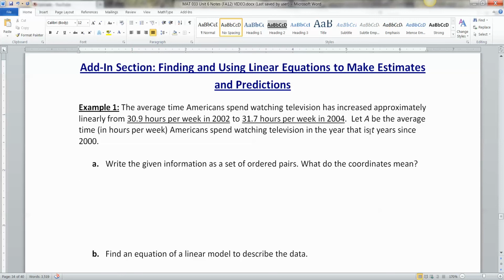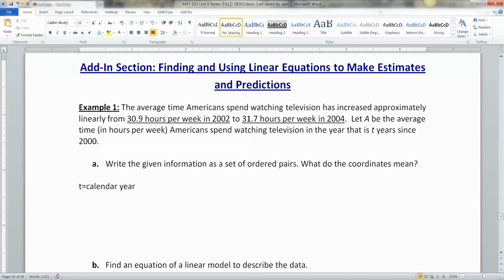Well, calendar year is one of your variables. So you have T, which is calendar year, i.e. the year on the calendar, and you have A, which is the average time hours per week Americans watch TV.